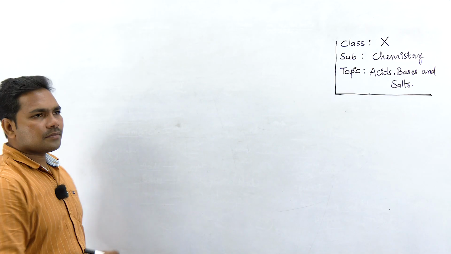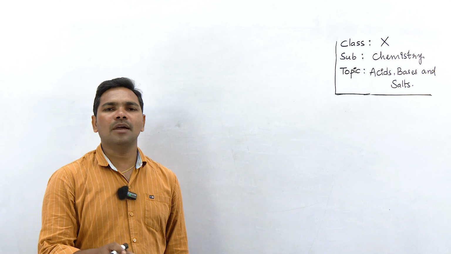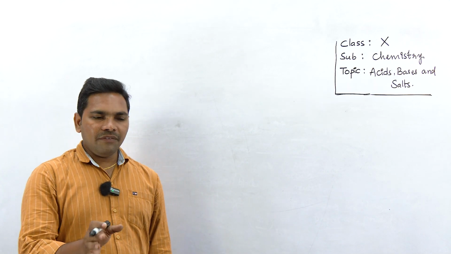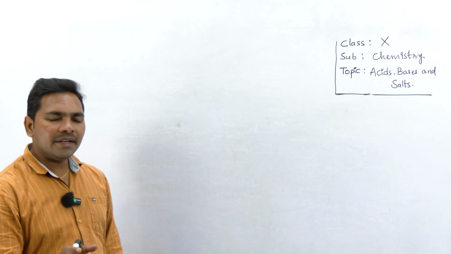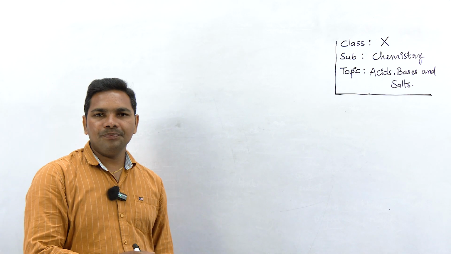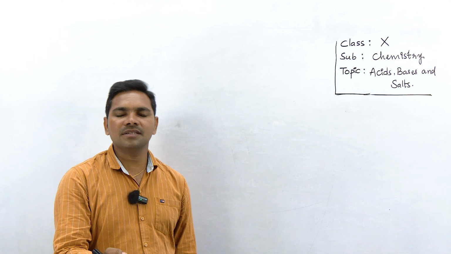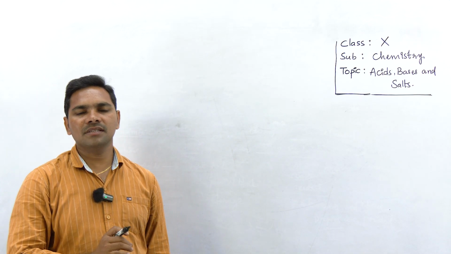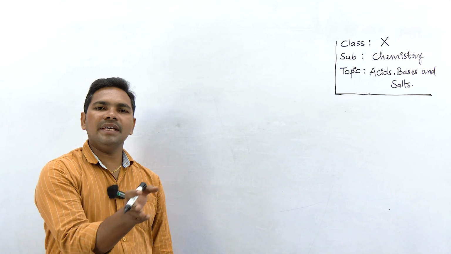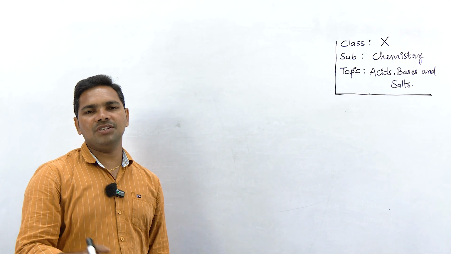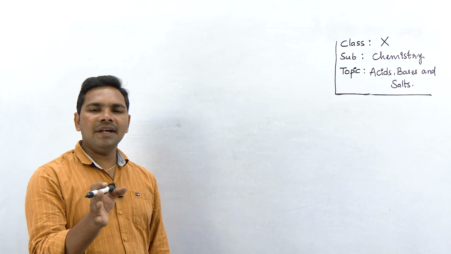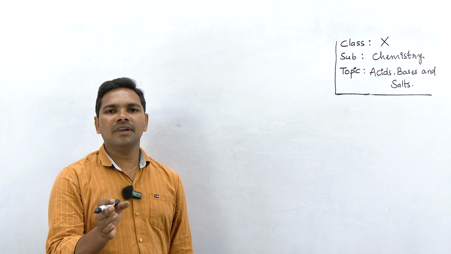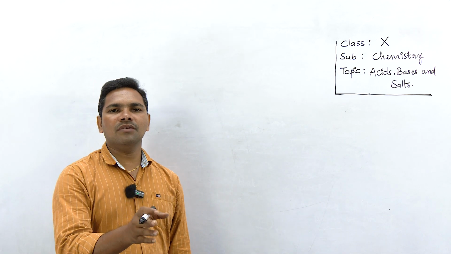Now let us discuss another type of indicator. The indicators that we have seen till now, natural or artificial, all change their color when added to different natured solutions. By identifying the color change, we can identify the nature of the solution.